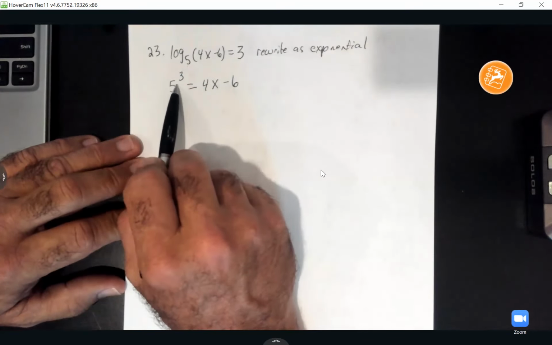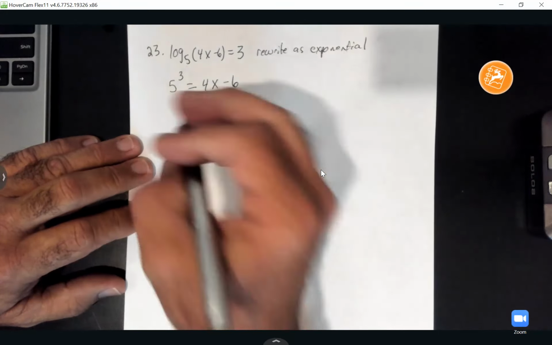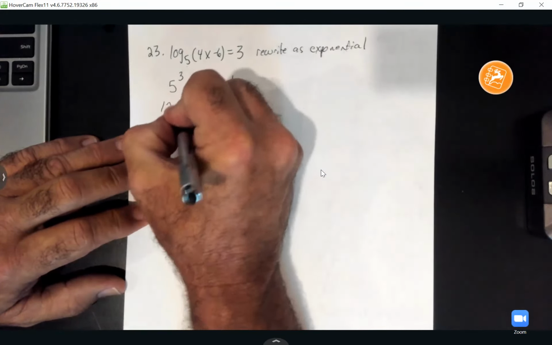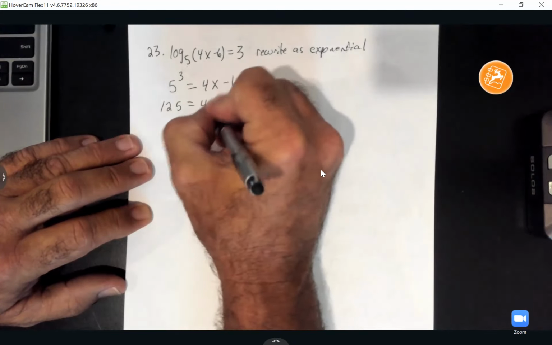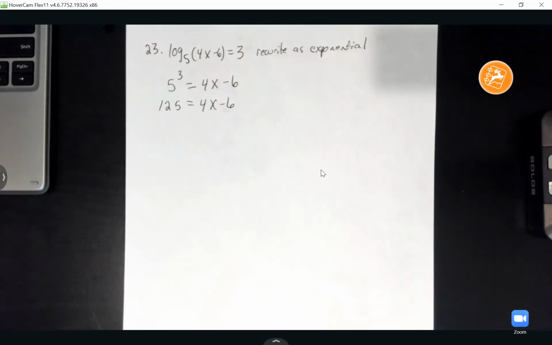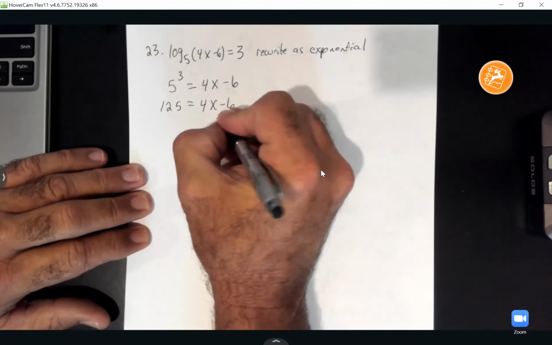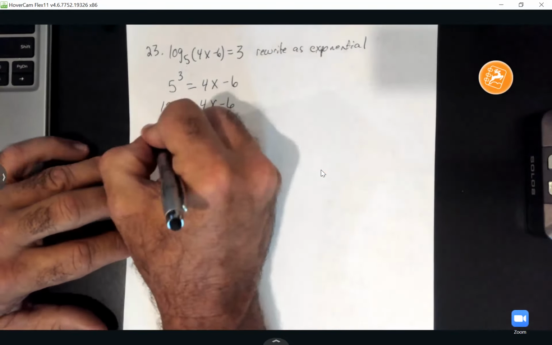So first I got to figure out what is 5 times 5 times 5. So that's going to give me 125 equals 4x minus 6. And y'all, at this point, it's just a matter of solving this. So to solve mine, I would add 6 to both sides.